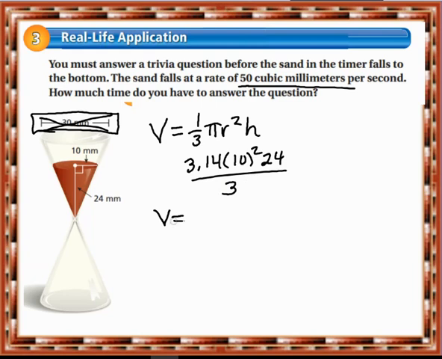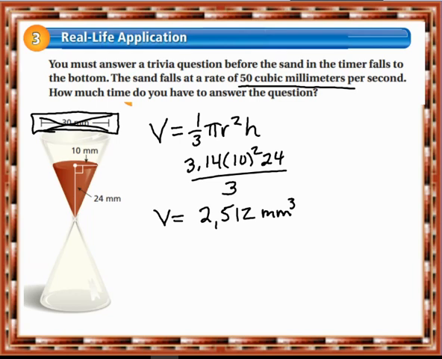So the volume of the sand can be found using your calculator, 3.14 times 10 squared times 24 divided by 3. The volume is 2,512 millimeters cubed.